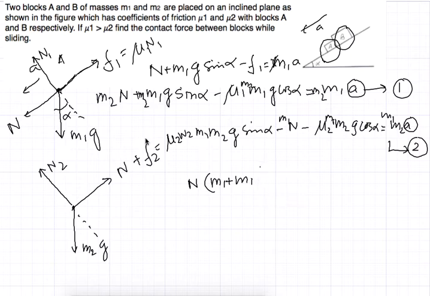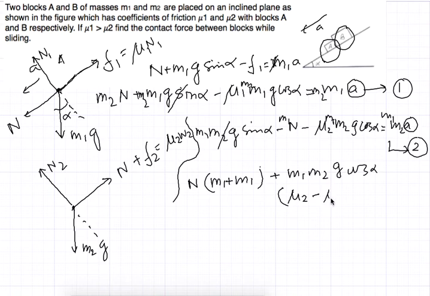The m1 m2 g sin alpha terms cancel out. Taking m1 m2 g cos alpha common, we get mu2 minus mu1.